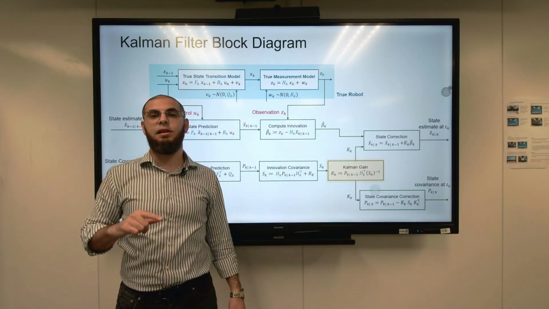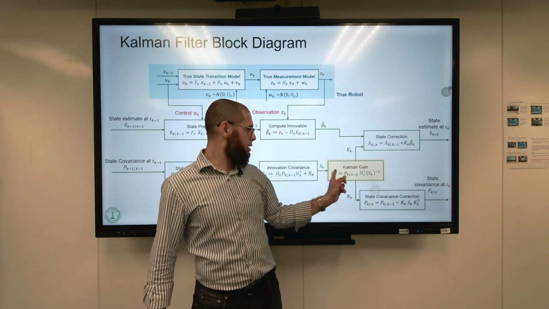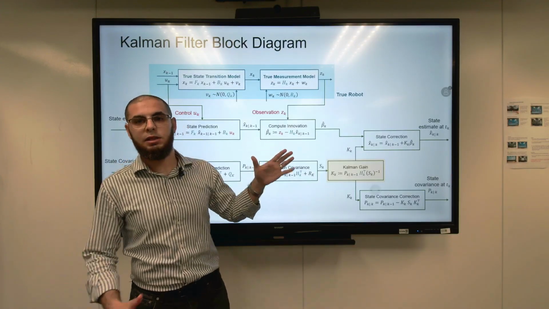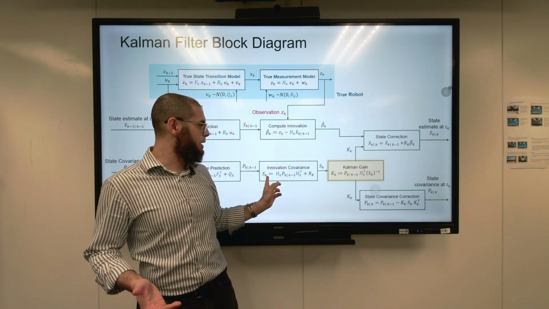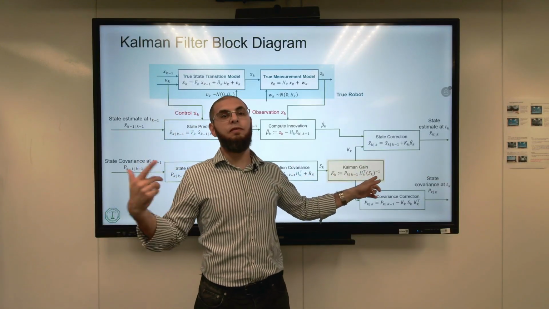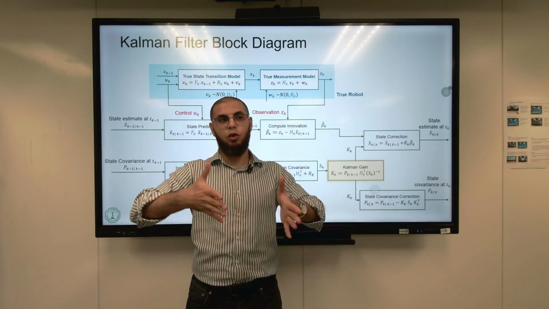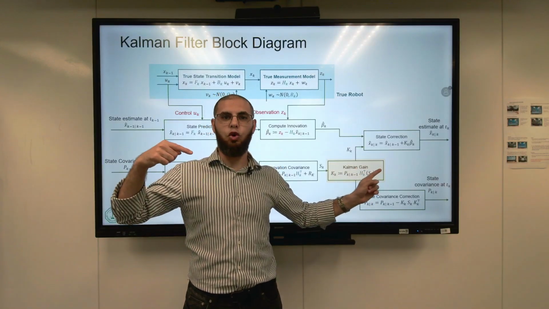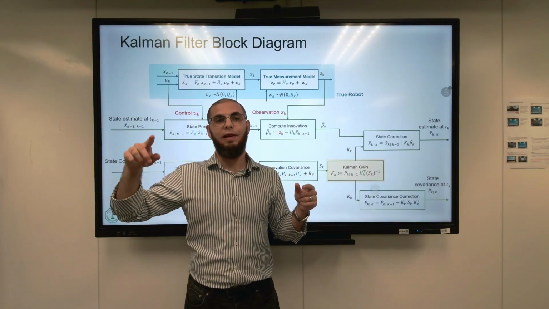Yes, exactly. It's the matrix inversion. The S here has the same dimension as the innovation. So let's say the innovation here was a 10 vector. Then the S here will be a 10 by 10 matrix. Computing the inverse of a 10 by 10 matrix can be hard. As we go even further, the computation of the inverse increases with n cubed.